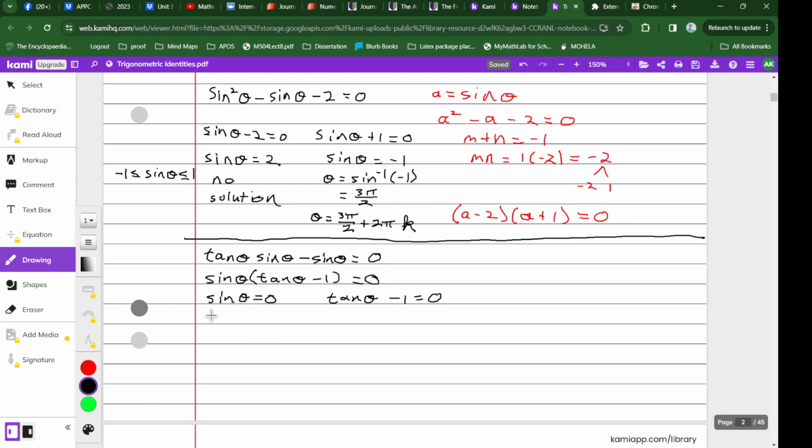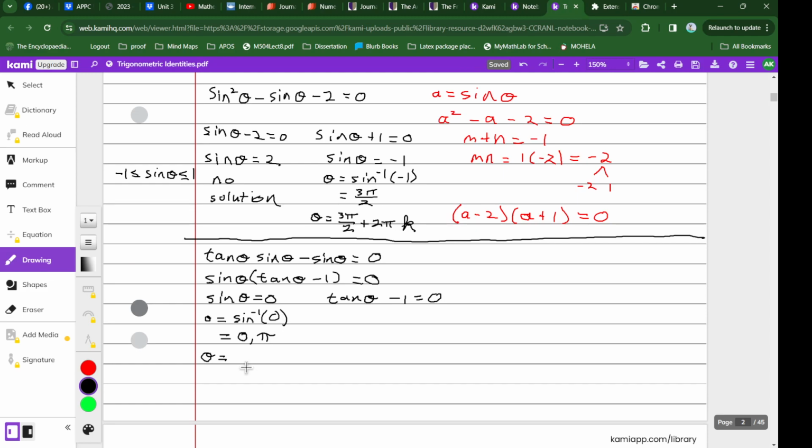Well, if the sine of theta equals 0, that means that theta equals sine inverse of 0. And this is going to occur at a couple of places on the unit circle, specifically 0 radians and pi radians. So, this means that theta, we can think of it one of two ways.